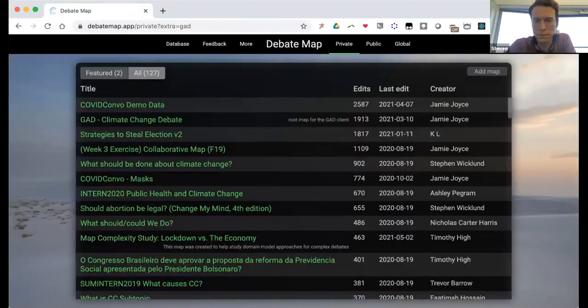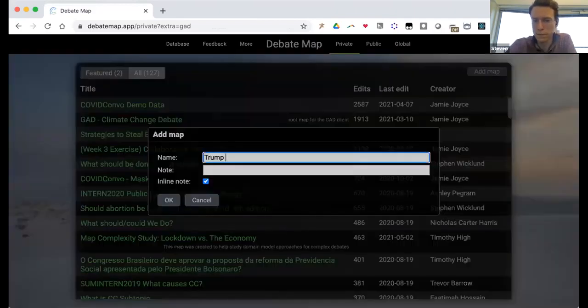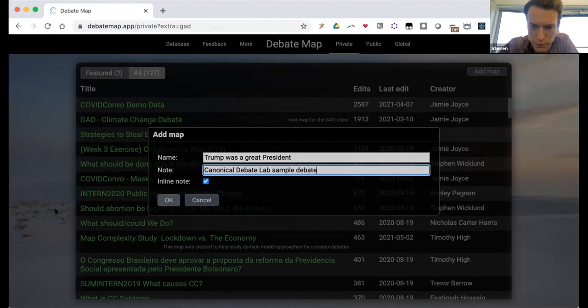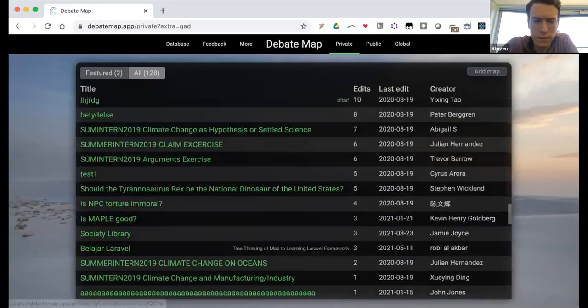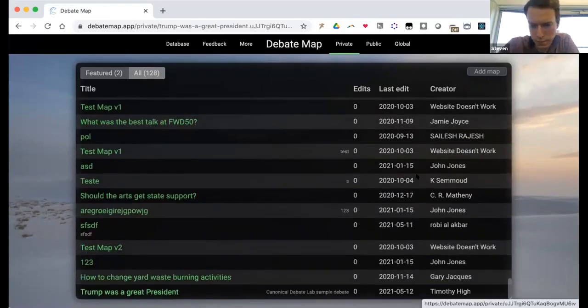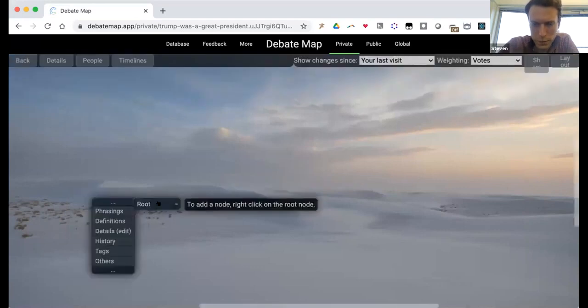Can't read because of the pictures of us and the map. Yeah. Oh, it's at the bottom. Okay.